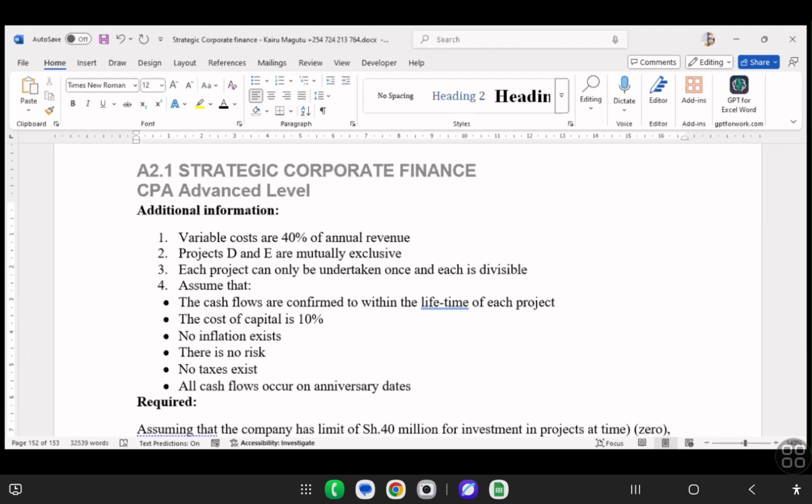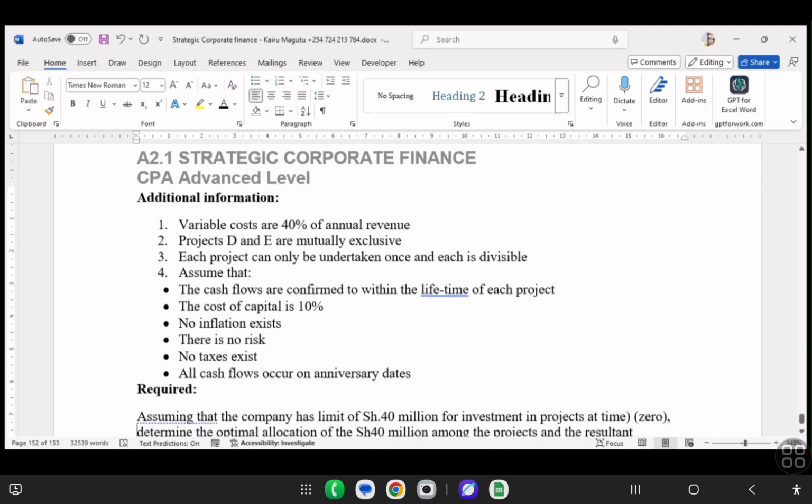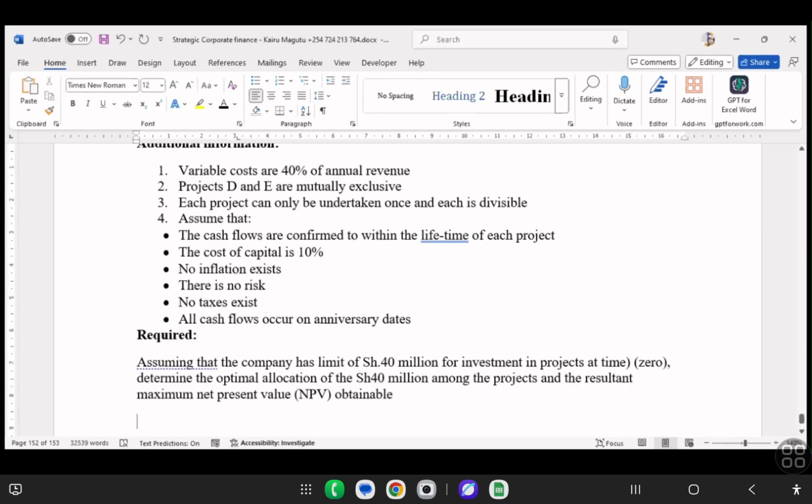Four, assume that the cash flows are confined to within the lifetime of each project. The cost of capital is 10%, no inflation exists, there is no risk, no tax exists, and all cash flows occur at the anniversary date.